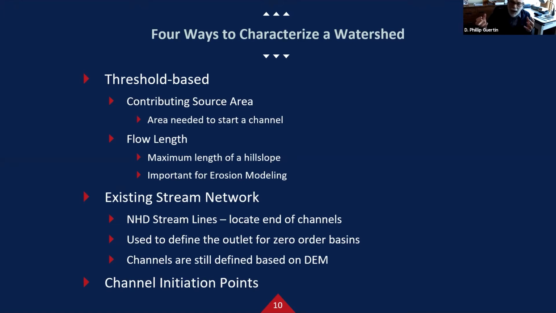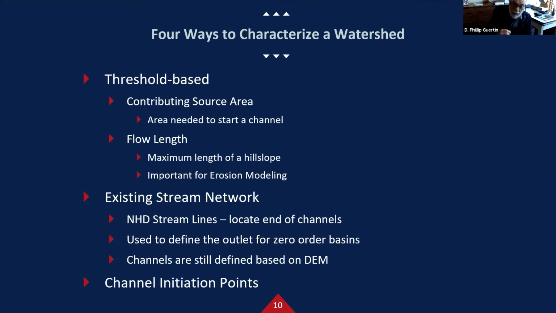Contributing area is essentially a top-down approach, and the flow direction is essentially a bottom-up approach, conceptually. Now, existing stream network is where we take line work from NHD, the National Hydrologic Data Set. We identify the endpoints for the channels, and that would be the beginning of our channels conceptually.